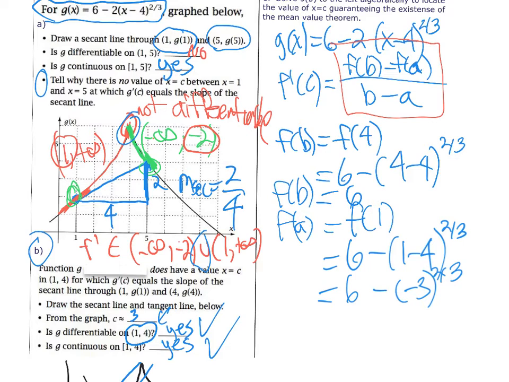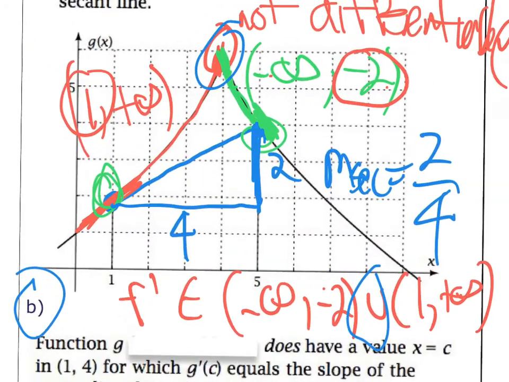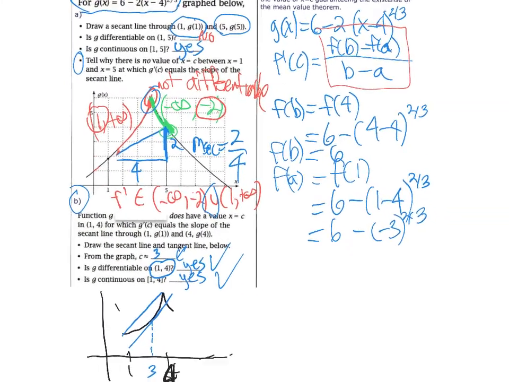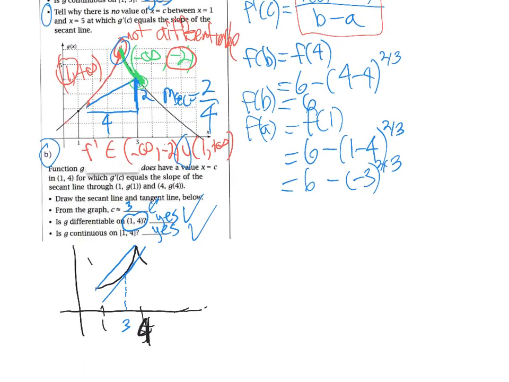So that's the cube root of negative 3 squared. So we know from our diagram, which I'm going to erase now that we've used it, it looks like it's about 1.9. I'm just going to approximate that.